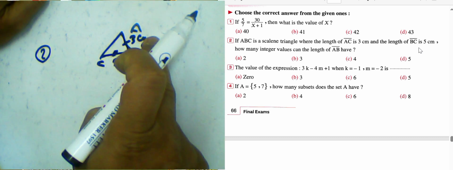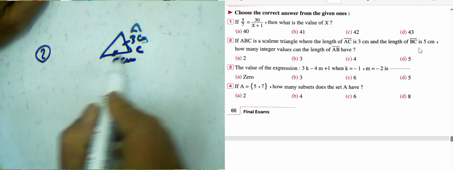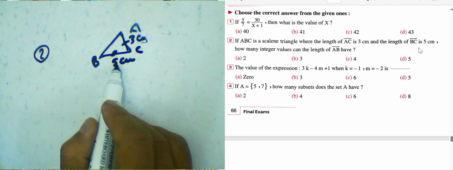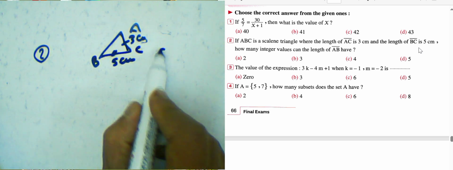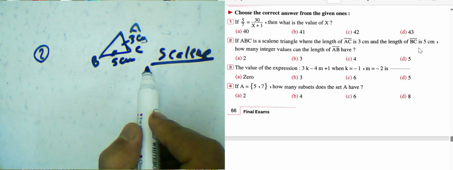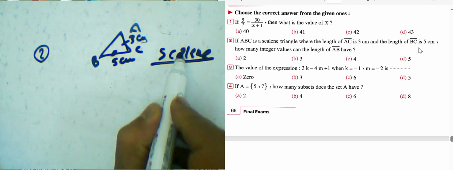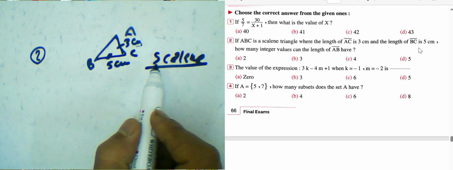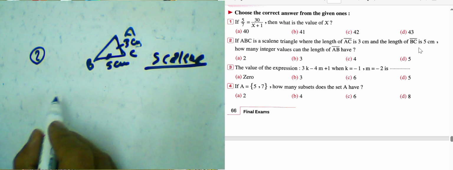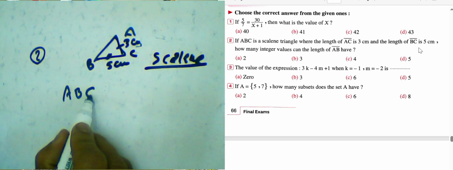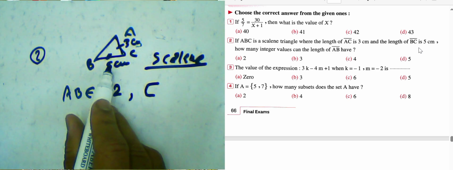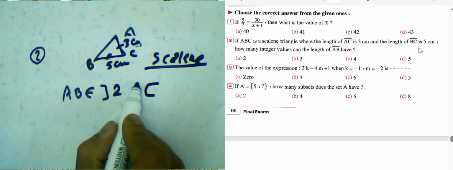Again, he gives us AC 3 centimeters and CB equal 5 centimeters, and it is a scalene triangle. What I mean by scalene is that all sides are different. We know AB belongs to the open interval between the difference and the sum of the two sides: 5 minus 3 equals 2 and 5 plus 3 equals 8.